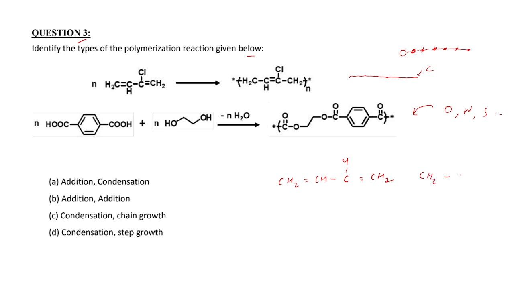We are writing a head to tail arrangement, because you can see that this is the tail of this molecule and this is the head of this molecule. So when it reacts, suppose they are making one bond, then this double bond and this double bond will break.